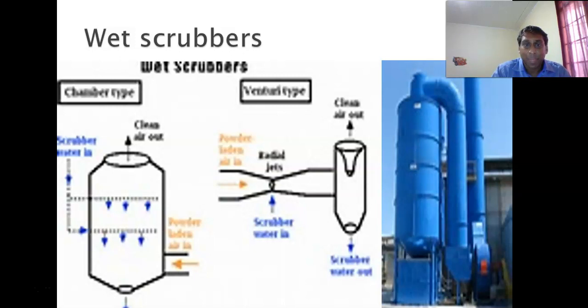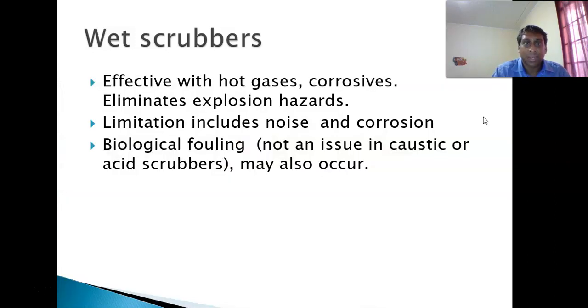Limitations include noise, corrosion, and biological fouling, which is not an issue in caustic or acid scrubbers, but may also occur. It may actually pose a bit of a tripping or slipping hazard if the system is a bit leaky, right?